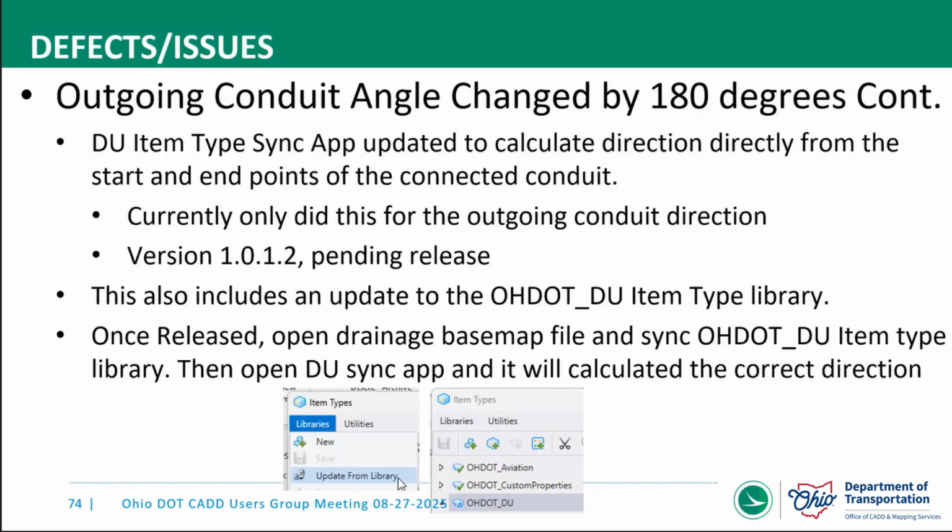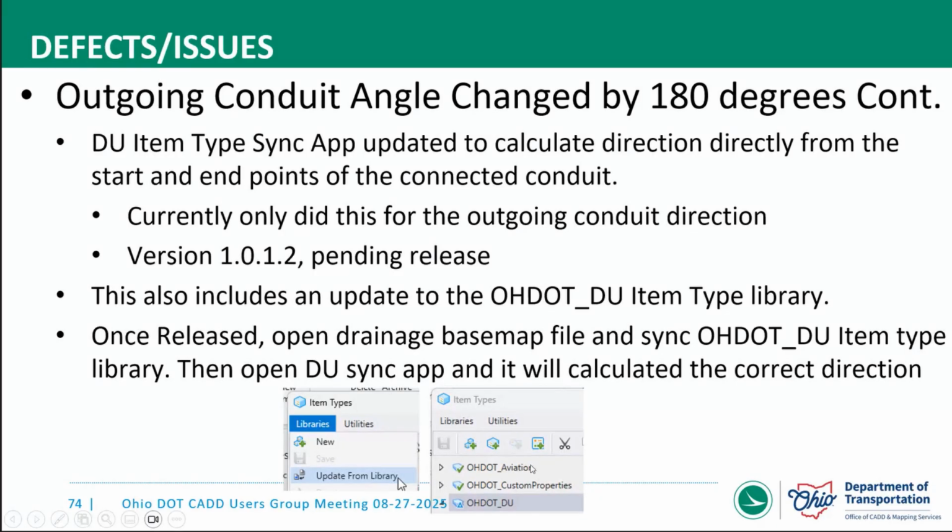So what I ended up doing was I had to update the item type library, and I had to update the app. So when I push out this update, you will need to go to your drainage base map file and just sync the item type library in your file. That's all you got to do, and then open up the sync app, and it's going to start calculating correctly again.